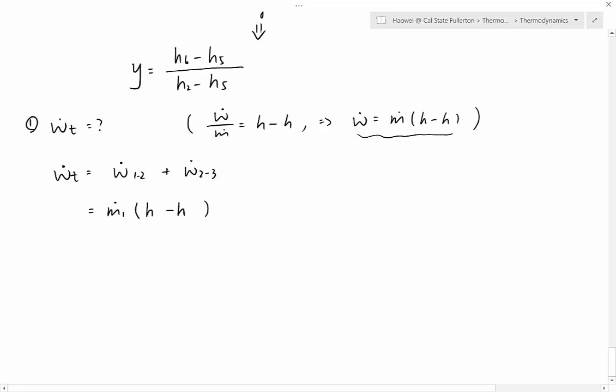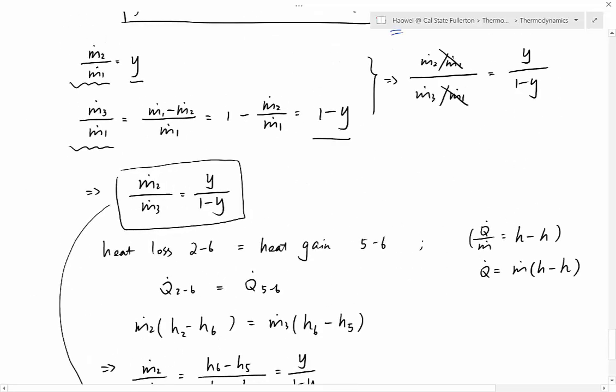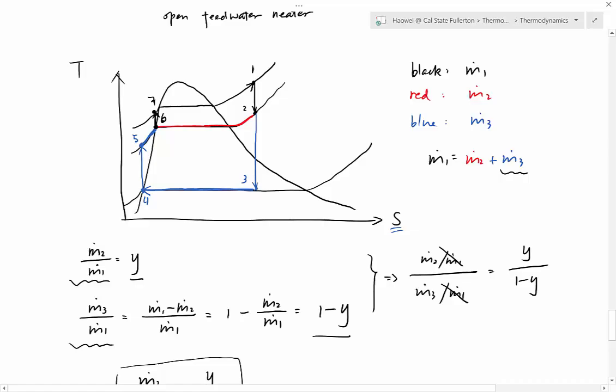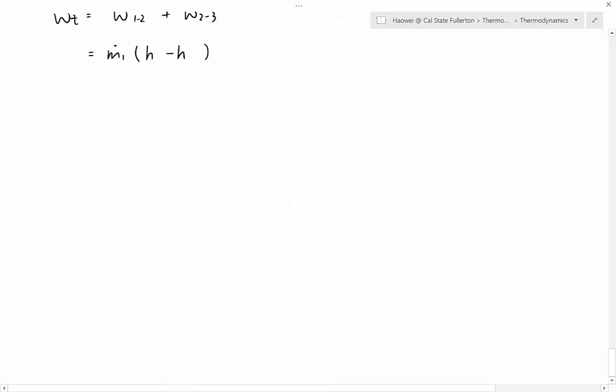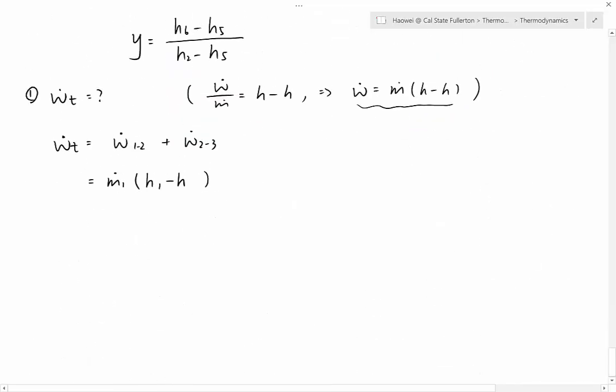Which one is higher, which one is lower? 1 is higher or 2 is higher? 1 to 2 is the steam turbine. That's where you lose heat. So 1 must have more energy. So we use h1 minus h2, plus the second term.